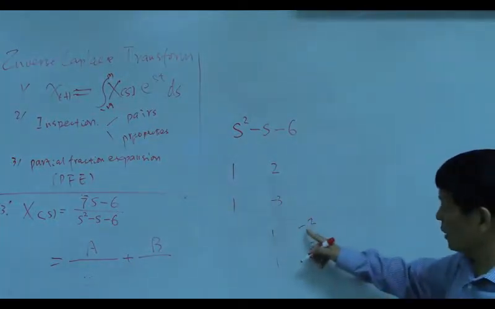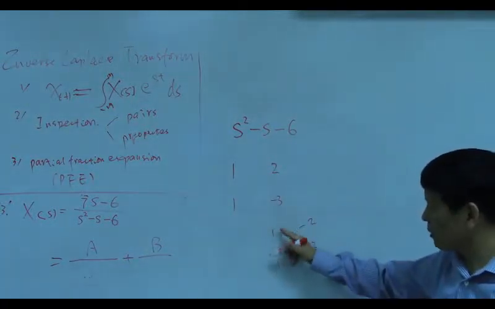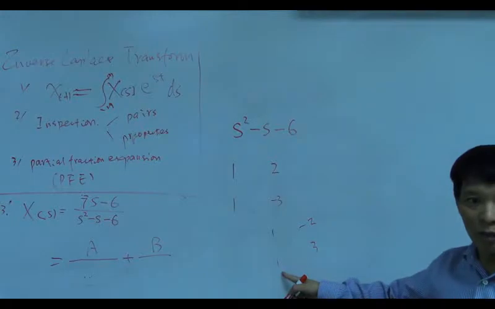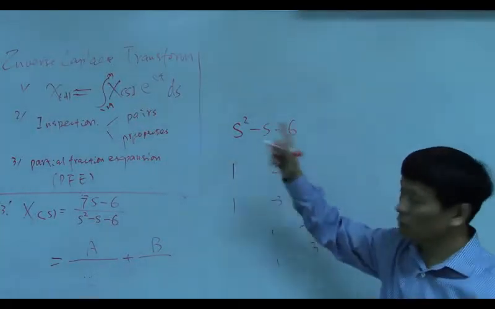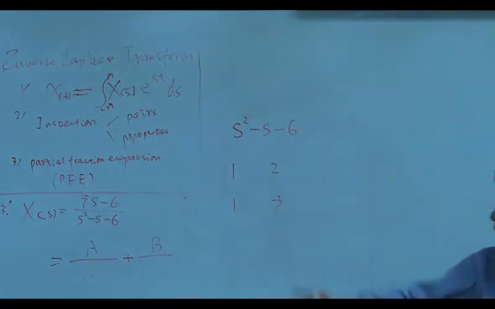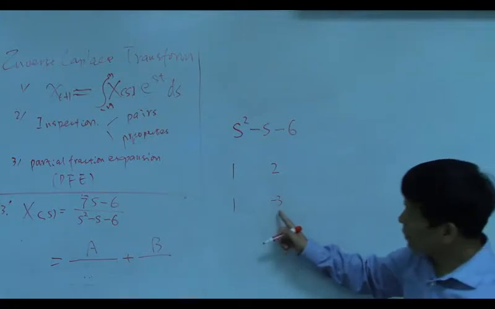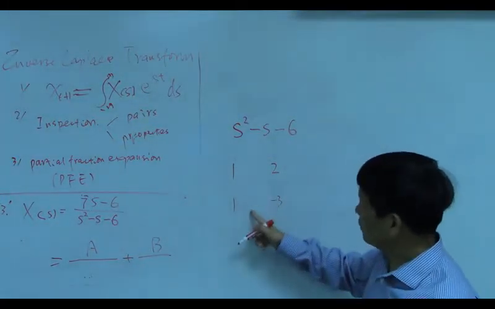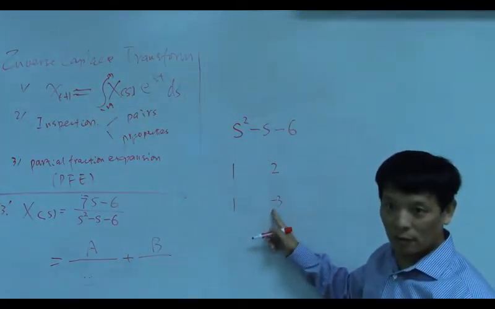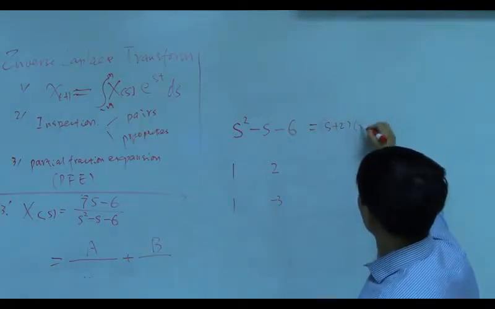That also has a product of negative 6, but the cross product gives 3 and negative 2, added together equals positive 1, not negative 1. So this is not going to work. So that's the only one we have. The solution will be (s plus 2) and (s minus 3). So s squared minus s minus 6 equals (s plus 2)(s minus 3).